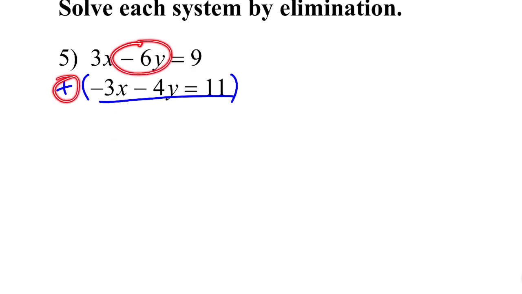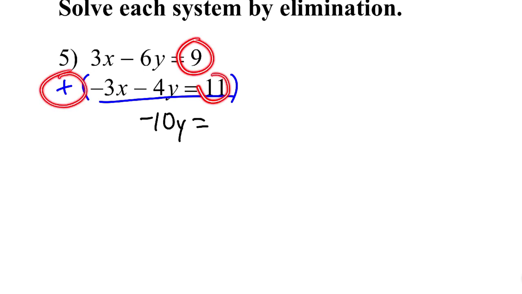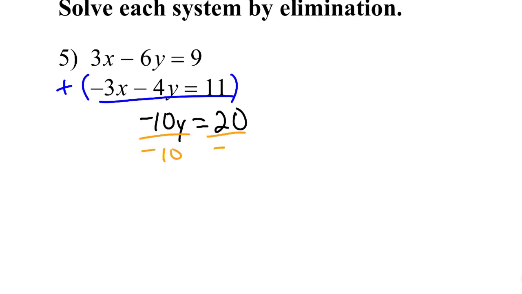Negative 6y plus a negative 4y is going to give me negative 10y. And 9 plus 11 is 20. Now I can divide both sides by negative 10 to isolate my y value, and I get y is equal to negative 2.